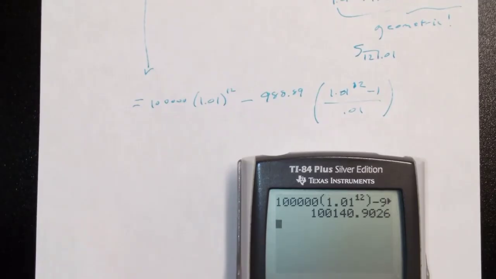So here's the problem. Because I was underpaying, the interest was $1,000 and I only paid $988.89. I ended up accumulating an additional balance. My balance went up for the first few years. In this case, for the first 1 year, 100,140.90.